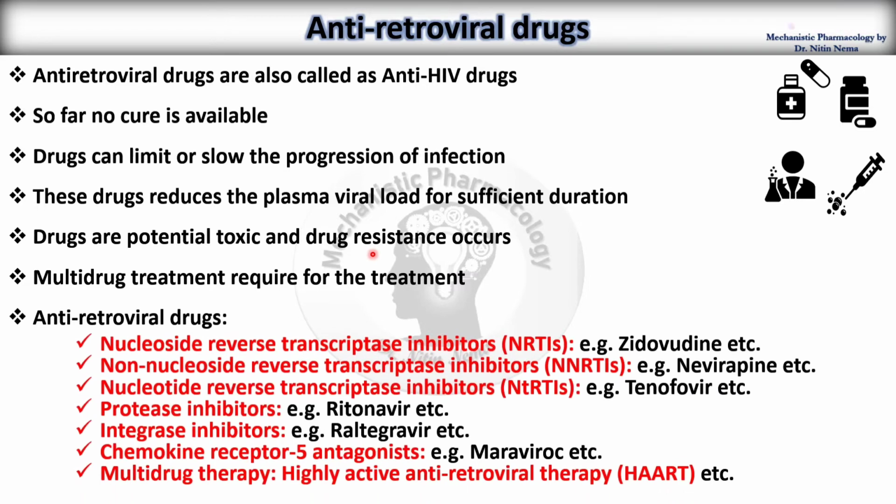The categories include nucleoside reverse transcriptase inhibitors, example Zidovudine; then non-nucleoside reverse transcriptase inhibitors, example Nevirapine; nucleotide reverse transcriptase inhibitors, example Tenofovir; protease inhibitors, Ritonavir; then integrase inhibitor, Raltegravir; and chemokine receptor 5 antagonist, Maraviroc.